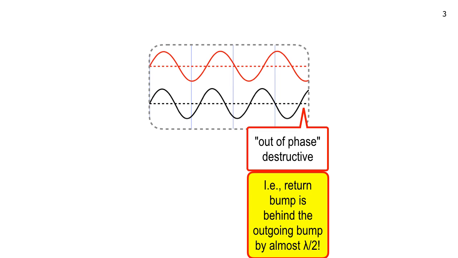And this one, you would say it's out of phase by just about half a wavelength, lambda over 2. When they're exactly lambda over 2, you get perfect cancellation. All right? And that means your peak and your dip are right at the same point. And when that happens, you get destructive interference.